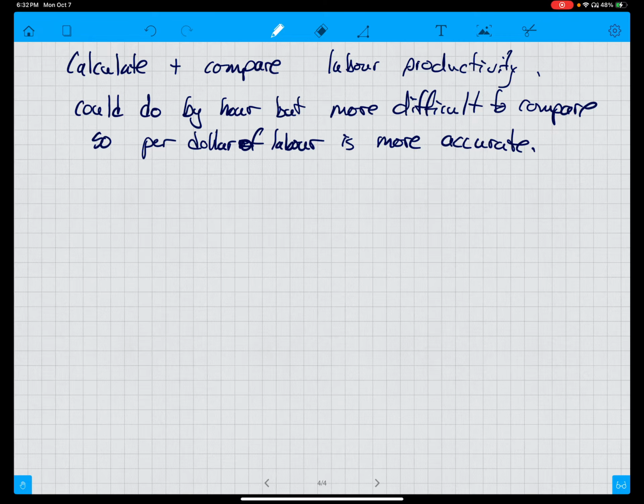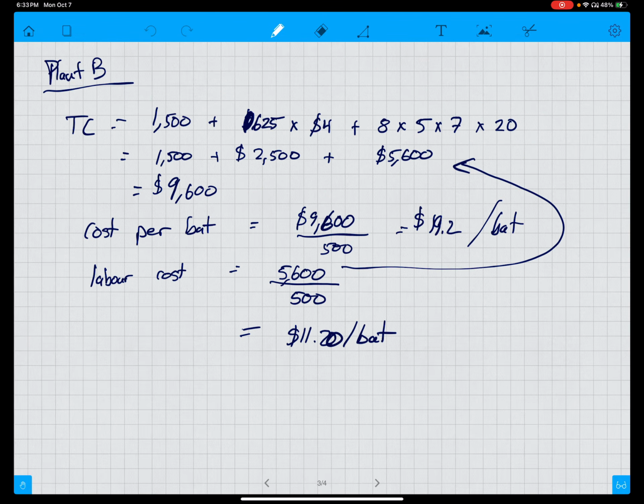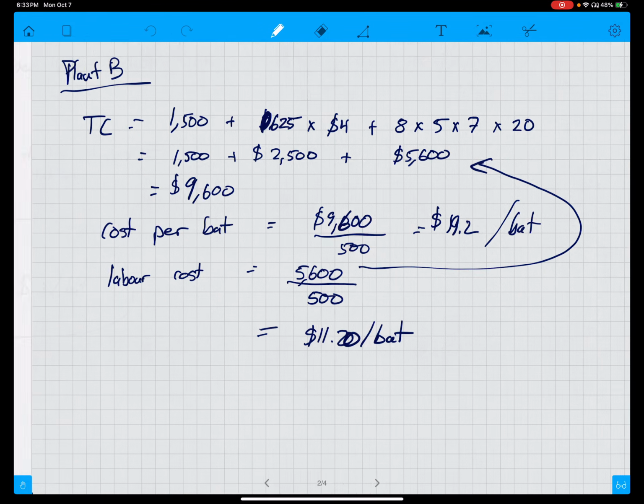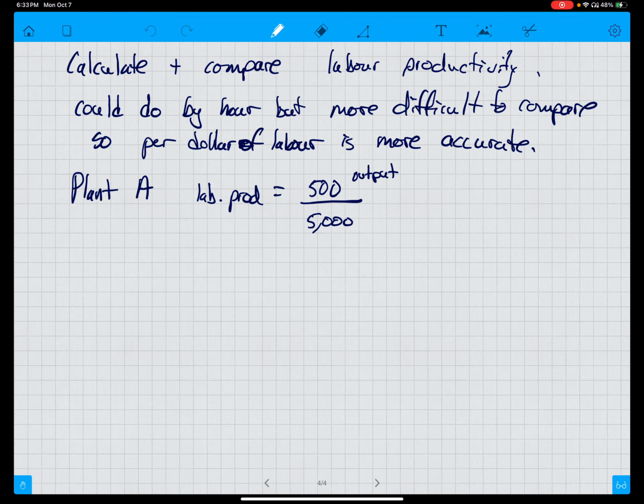We look at plant A. Labor productivity is equal to 500, which is output, divided by 5,000, which, as you recall, was the labor cost from plant A. So input of 5,000 labor dollars equals 0.1 units per dollar.